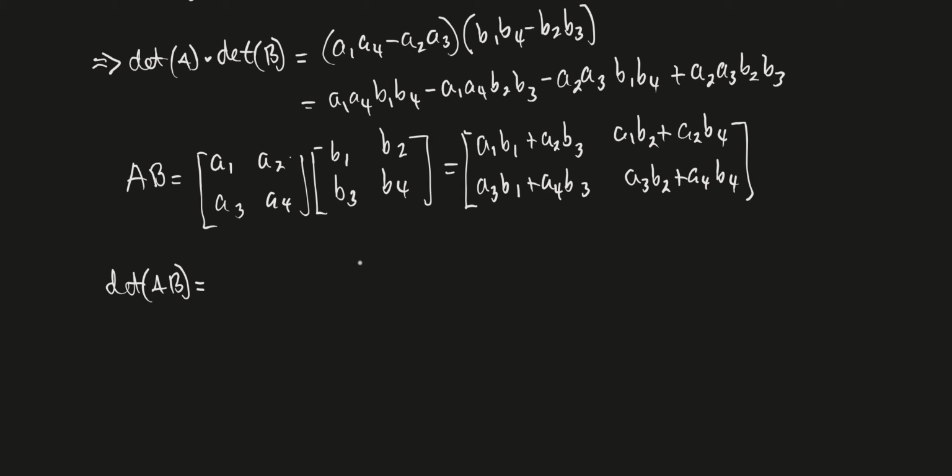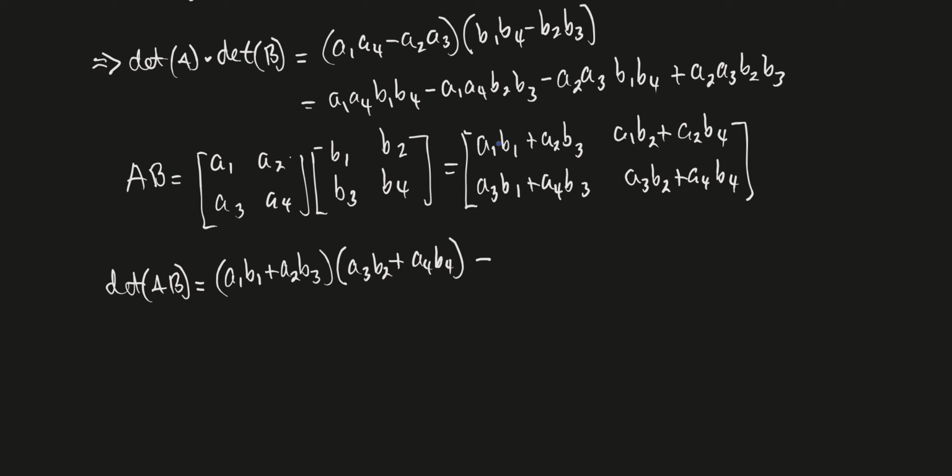We take this entry times this entry: A1 B1 plus A2 B3 times this other one, A3 B2 plus A4 B4, and then minus the product of these other two.